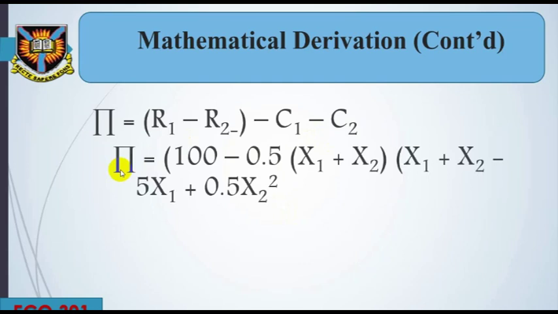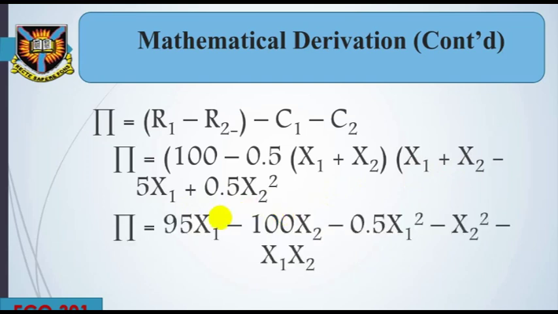Profit is equal to (100 - 0.5(x1 + x2))(x1 + x2) - 5x1 - 0.5x2 squared. Profit is equal to 95x1 + 100x2 - 0.5x1 squared - x2 squared - x1x2.